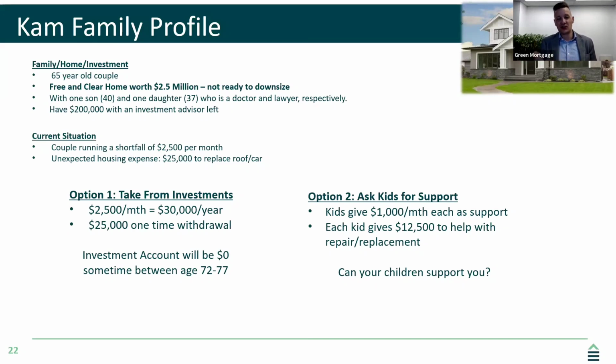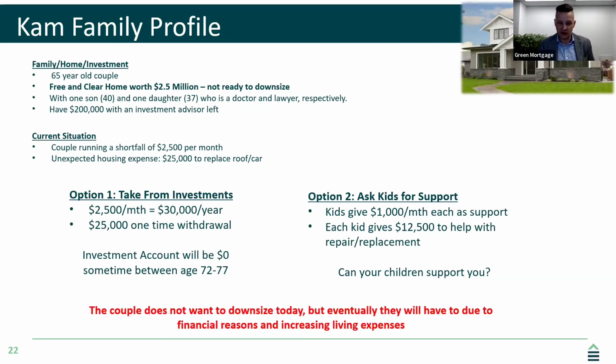I feel like maybe they should have used an example where the kids weren't doctors and lawyers and couldn't feasibly help, because then it makes it look like option two is not even on the table. However, I know that most people don't want to be asking their kids for help. They didn't want to downsize today, but they knew that eventually they would have to due to financial reasons and increasing living expenses if they didn't do something.